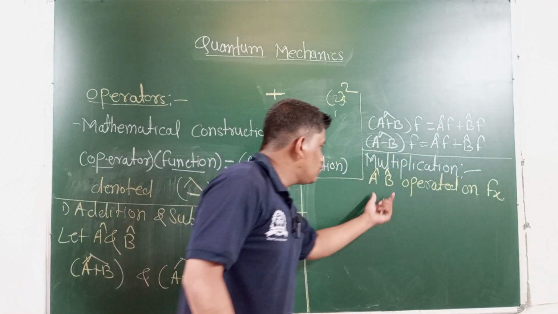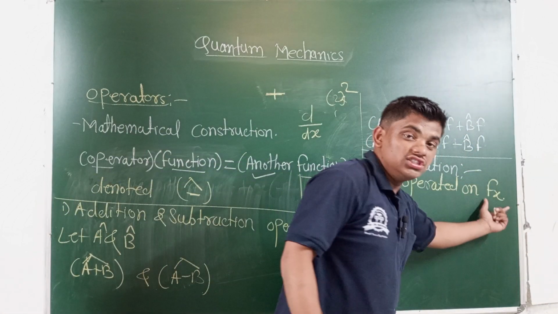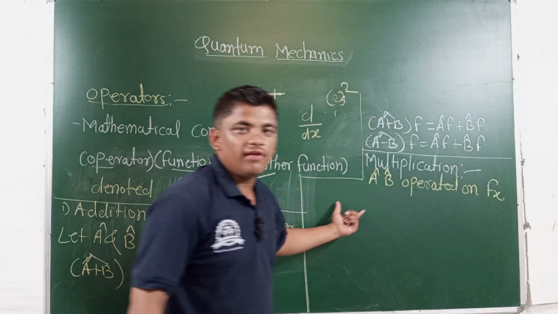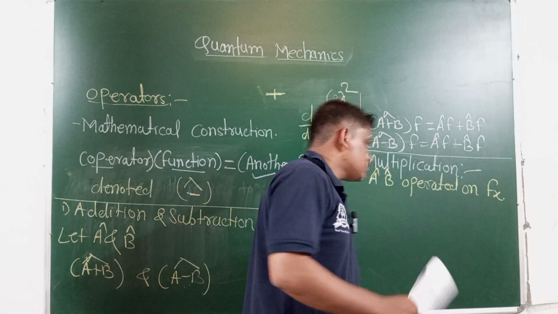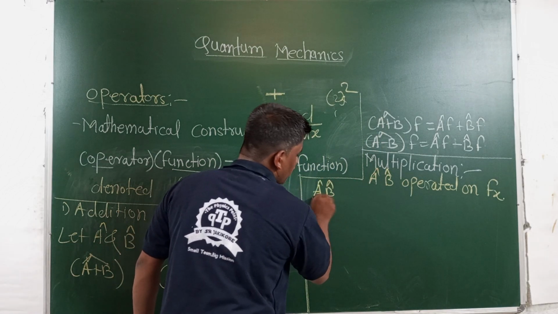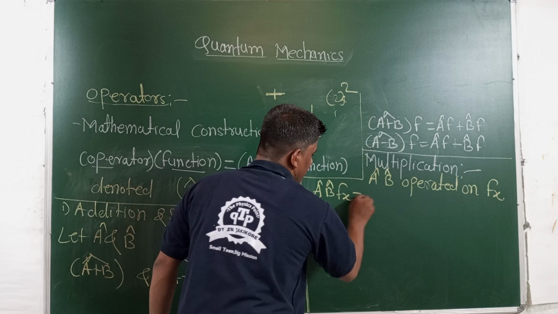When these two operators operate on the function, multiplication, what do we get? That is a cap b cap, the multiplication of these two operators, into the f of x.